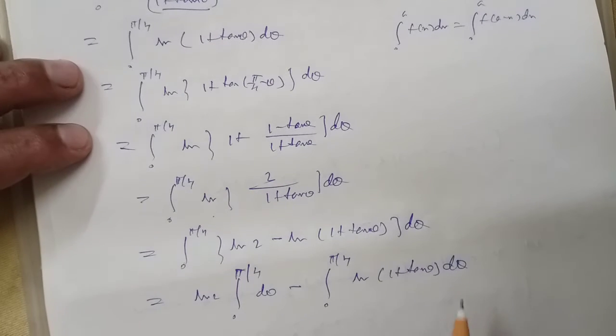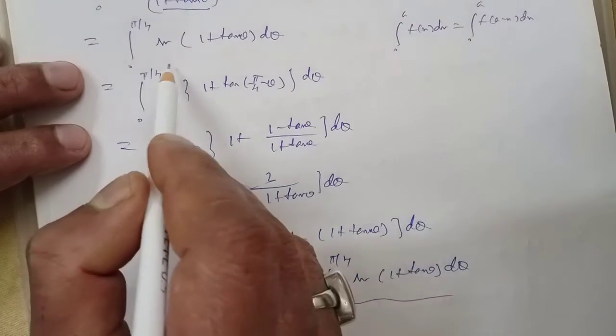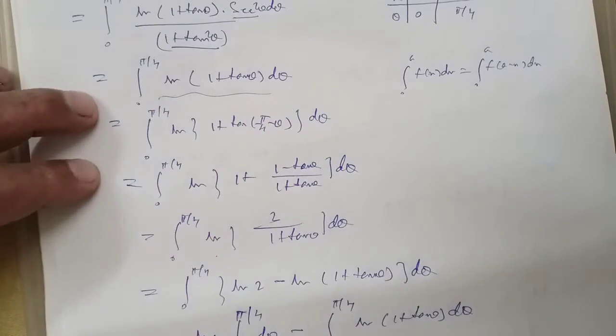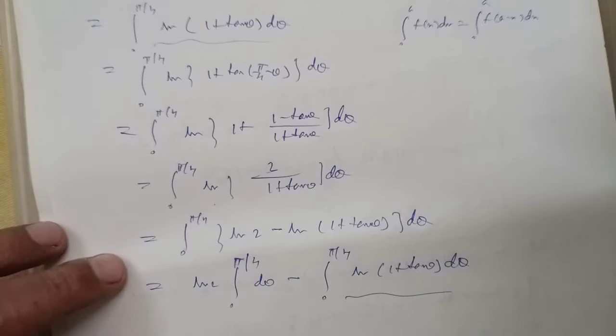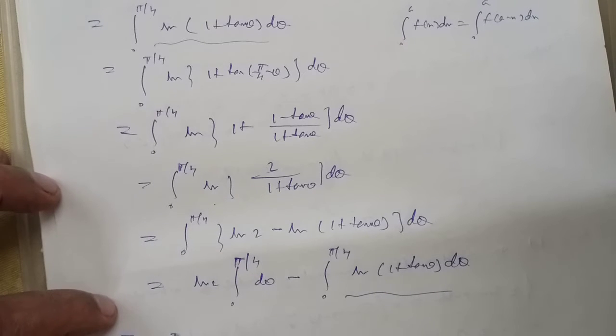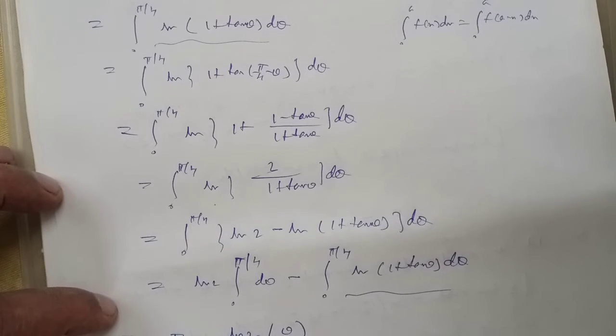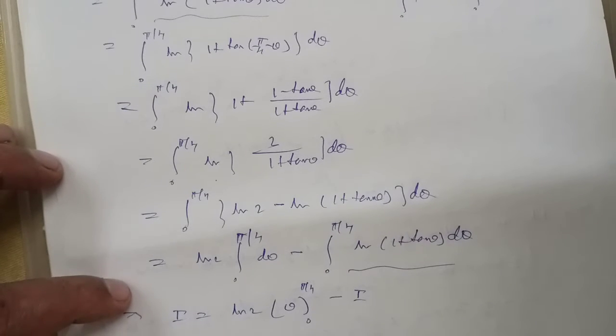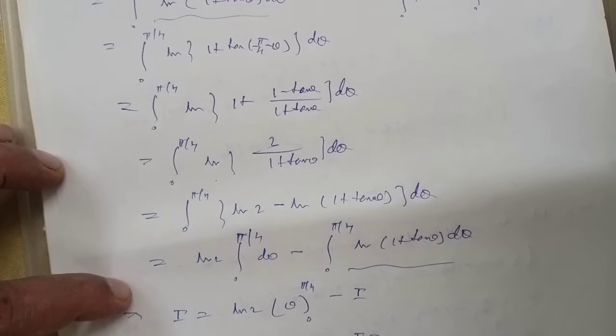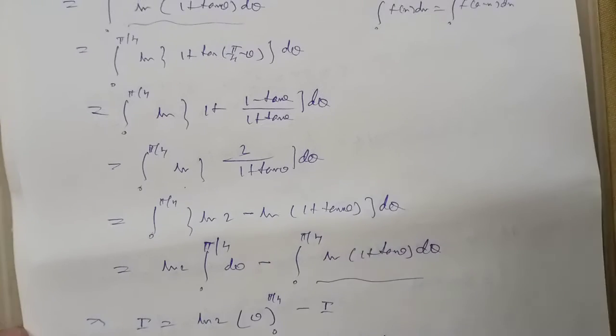Look, this is nothing but I, because it reappears. So we get I equals to ln 2 times theta, limits 0 to pi by 4, minus I. So we get 2I equals to pi by 4 ln 2. So finally we get I equals to pi by 8 ln 2. This is our answer.